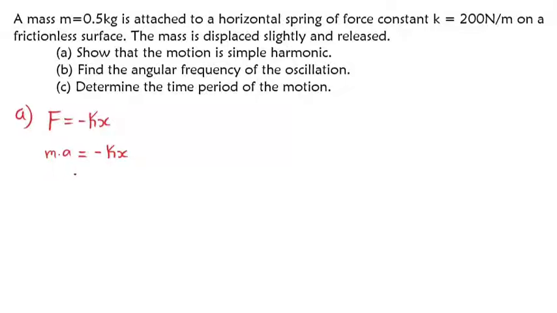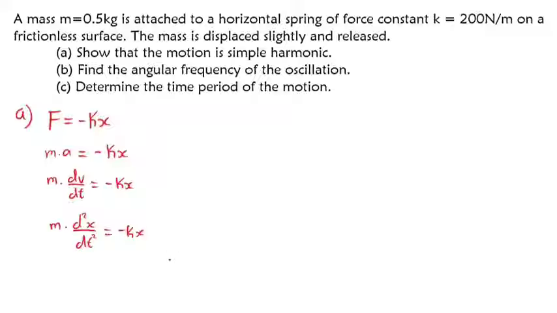Then, acceleration is the change of velocity with respect to time. So, mass multiplied by the change in velocity, dv/dt, is equal to negative kx. Differentiating position twice gives us acceleration. So, instead, I will say mass multiplied by the double derivative of position, d squared x over dt squared, is equal to negative kx.